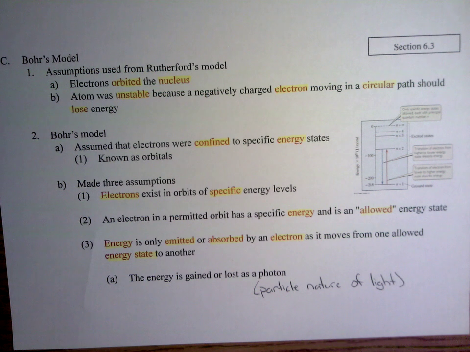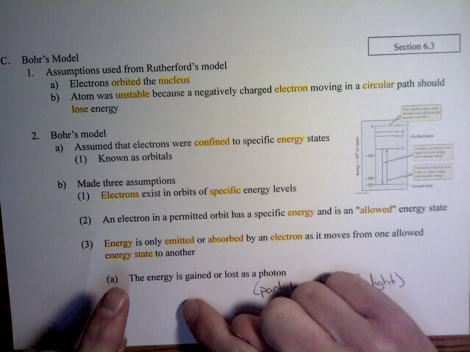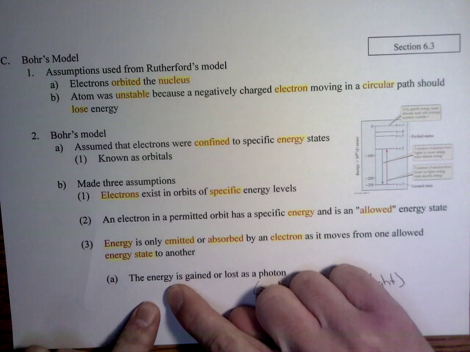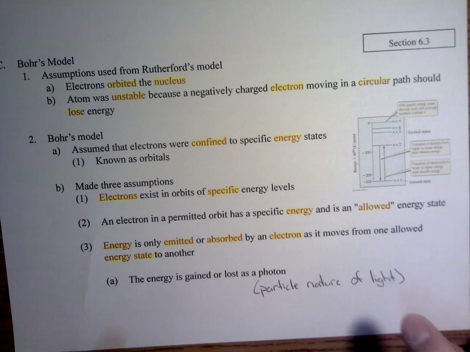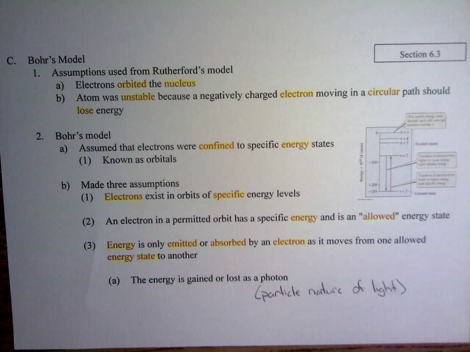Okay, so light already has those wave-like characteristics, and then because they lose and gain this energy, the electrons also have to have this particle nature that is explained through light. So again, what I said from the very get-go of this section is that, yes, light has that duality of particle and wave-like characteristics, and this is going to be used to help explain electrons and their behaviors.